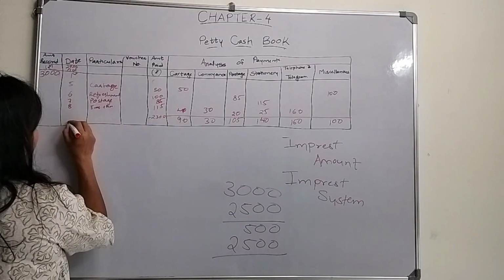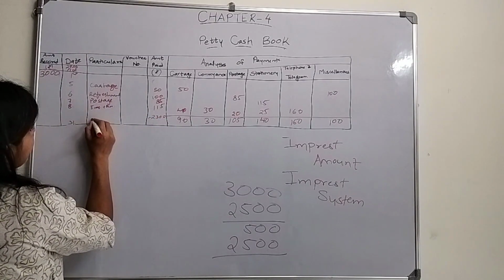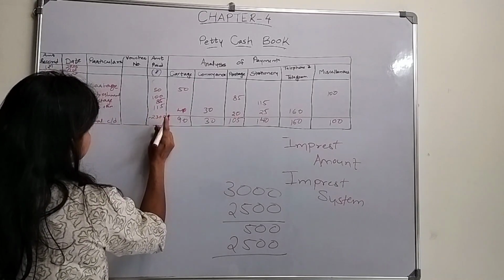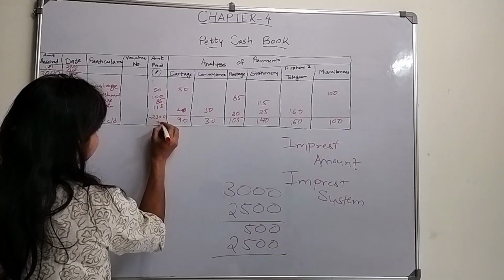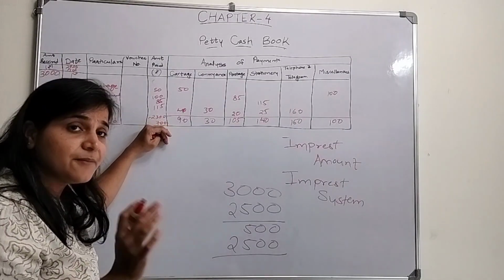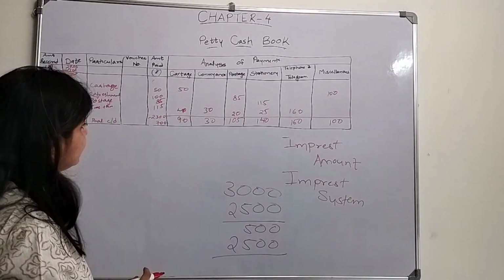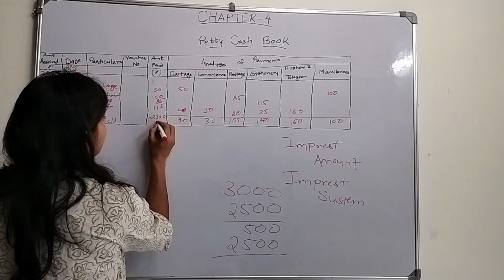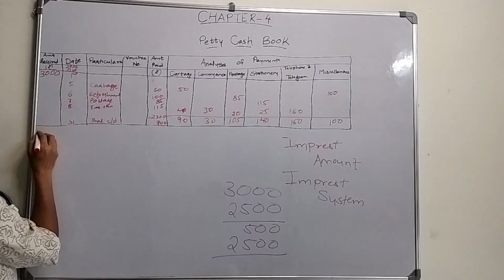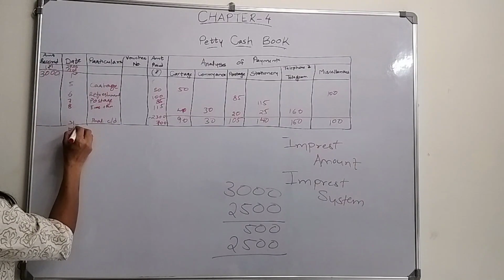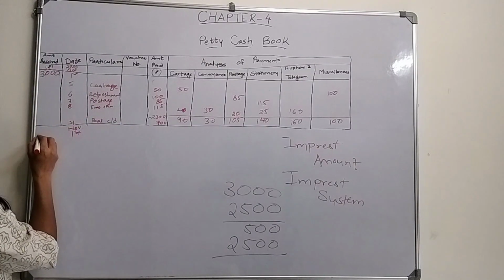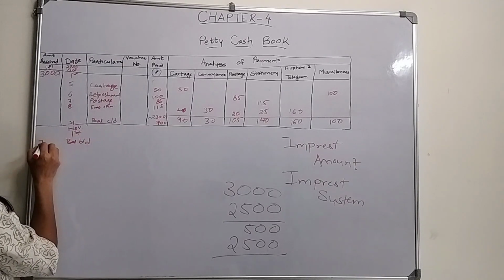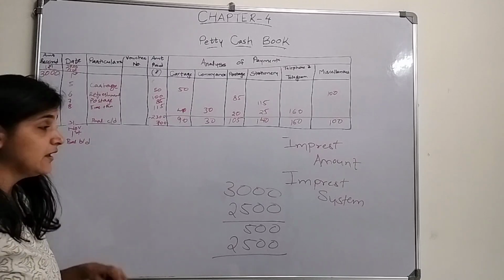On 31st, the balance carried down will be how much? 700. 700 is the balance remaining: 3000 amount received, 2300 amount spent, so balance carried down will be 700, and this balance brought down on November 1st will be 700.